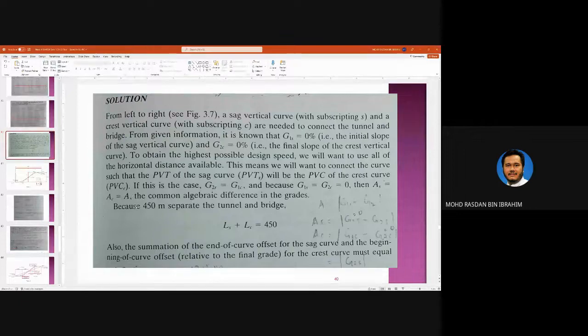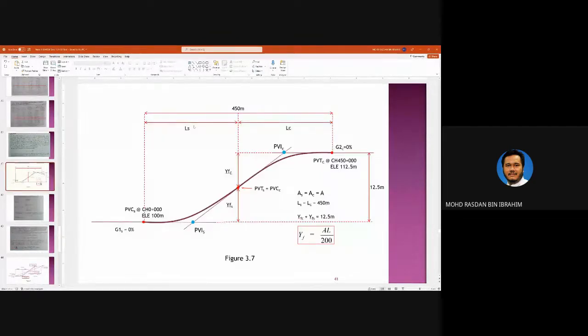Okay, now we know the length between the first point and the last point is 450 meters. So you know that LS plus LC equals 450 meters. So here, this is LS, the length of the sag curve, and this is the length of the crest curve, where the total of both lengths is 450 meters. The elevation difference here is 12.5 meters.